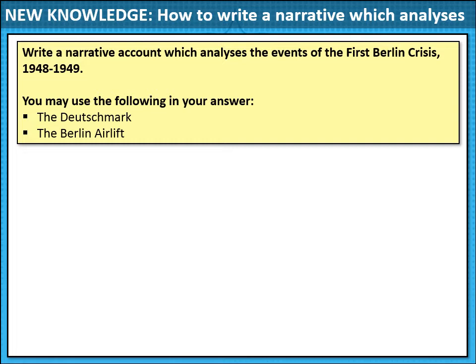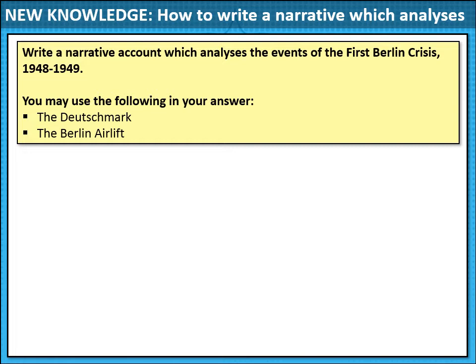So we have a question here that we're going to focus on. And the question is, write a narrative account which analyses the events of the First Berlin Crisis, 1948 to 1949.